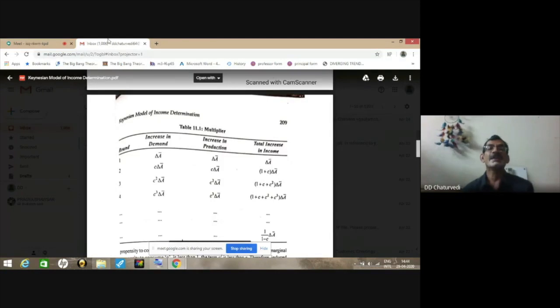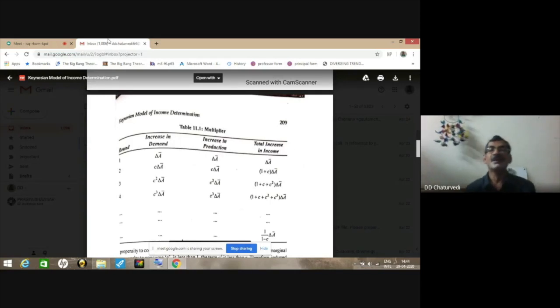And so the increase in production in the second round will be C into delta A bar. And the total increase in income in the two rounds taken together will be equal to delta A bar plus C into delta A bar. That means whatever production or expenditure has taken place in the two rounds, if you add them together, you will get (1 plus C) multiplied by delta A bar.